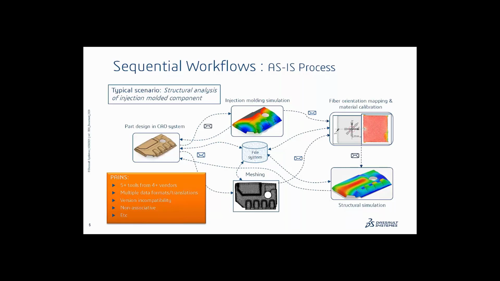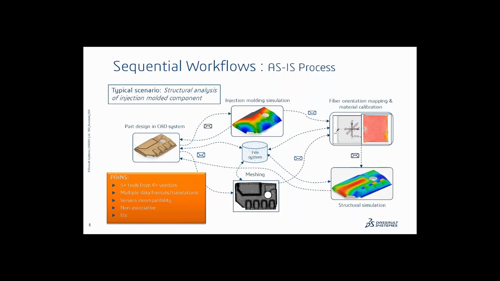That CAD is then thrown over to an injection molding specialist using another package. So we're going to import that CAD geometry and do some cleanup, et cetera, and design the molding process. Parallel to that, or even sequential really, we're going to do a structural simulation.